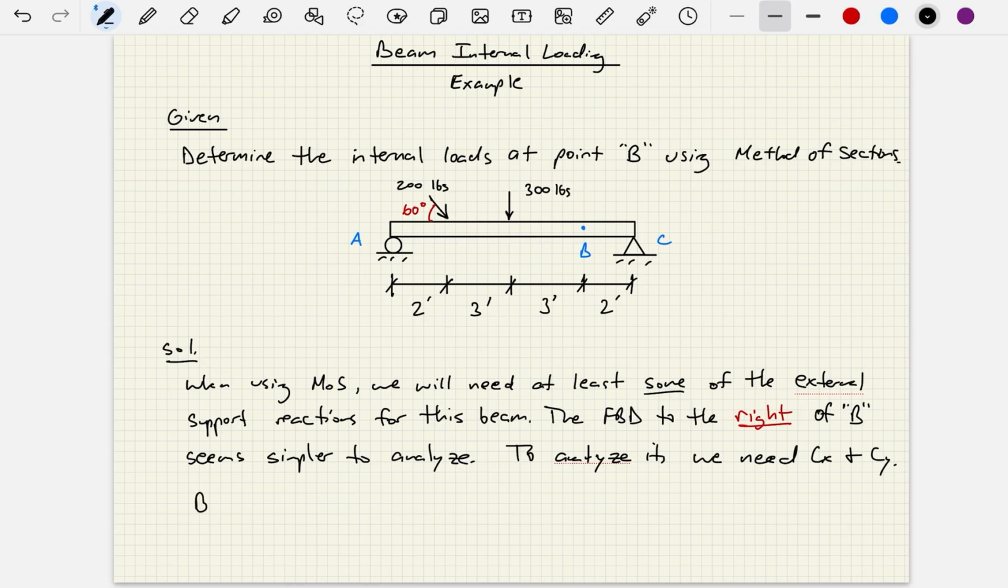So I'm going to say begin with a free body diagram of the entire system to get CX and CY, okay? So I'm going to scroll on over and I'm going to say FBD of entire beam, all right?